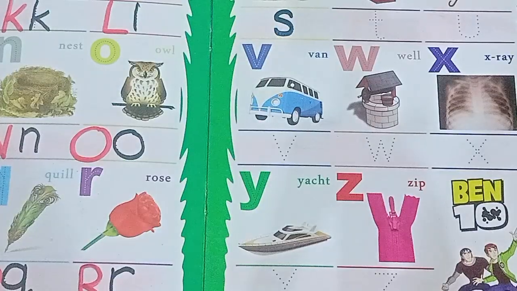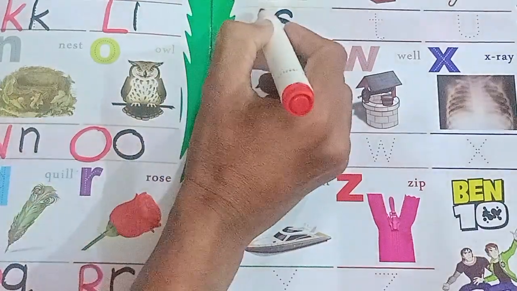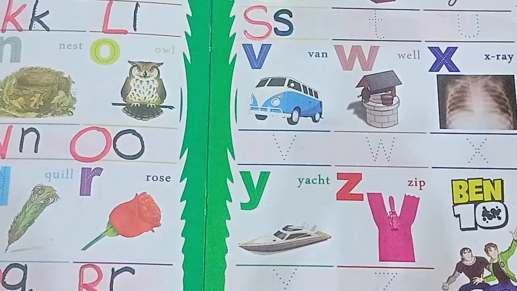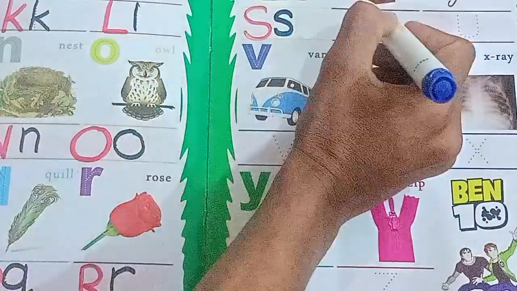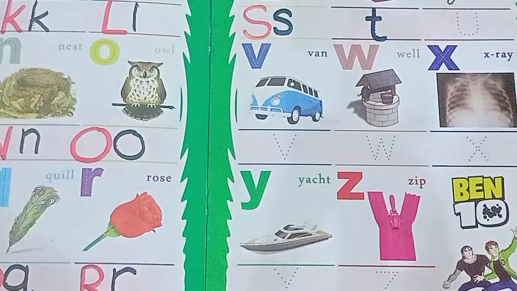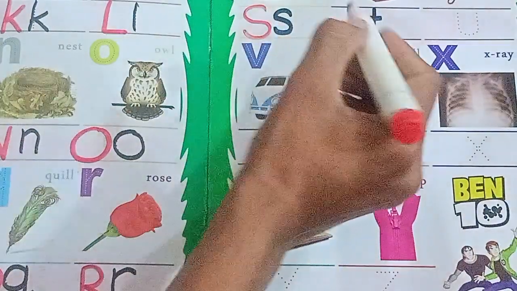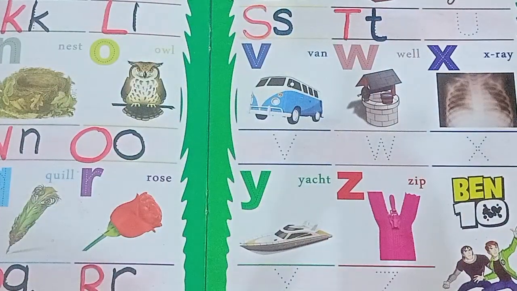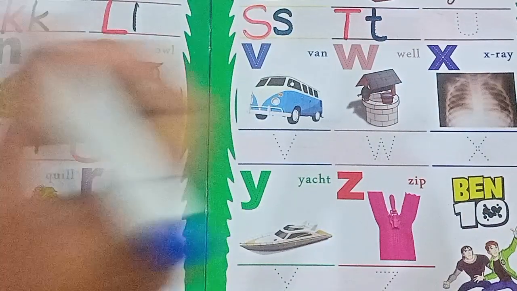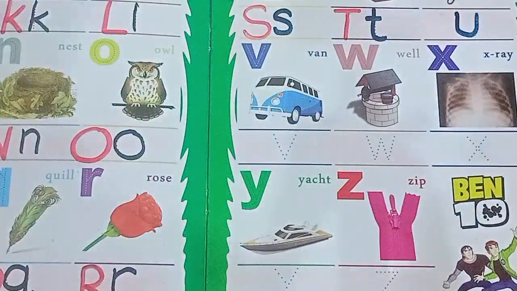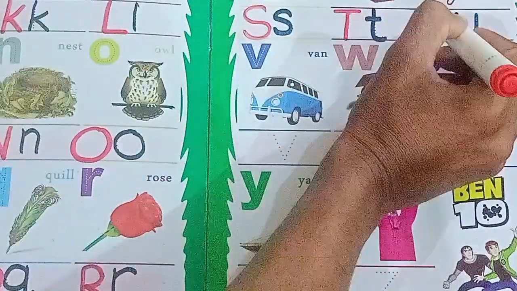S. S for snake. T. T for trophy. U. U for umbrella.